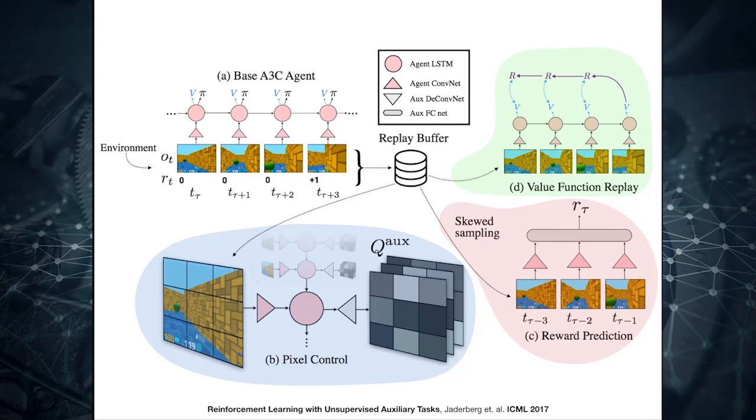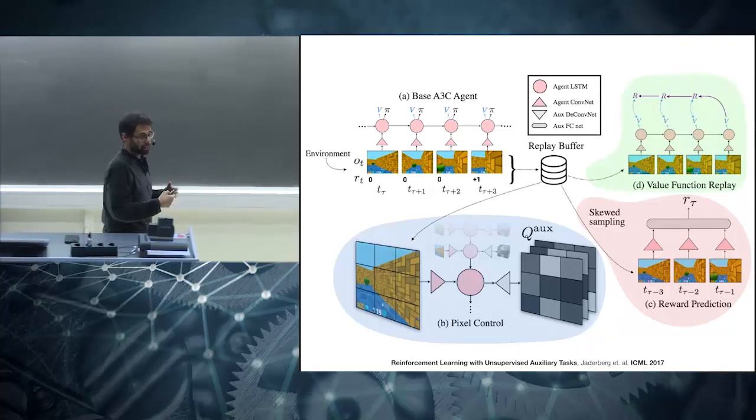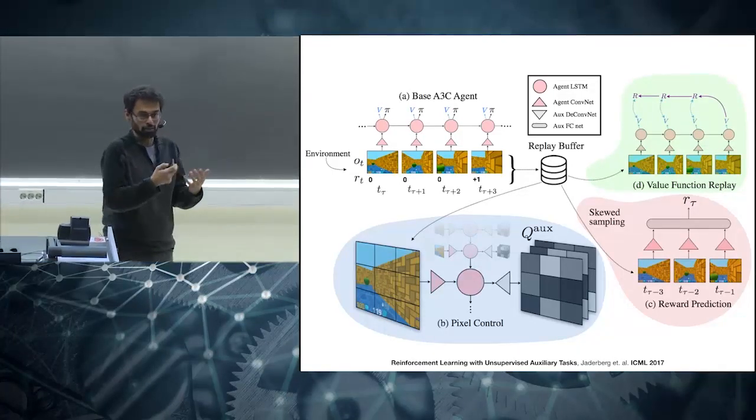So the reward here could be for the agent to maximally change the pixels. So the more pixels it can change with its behavior, the more reward it gets. So that's one task. And this is the same task for this cell, another for this cell. There are lots of such subtasks that are given to the agent. And now this agent has to essentially learn to control these pixels.